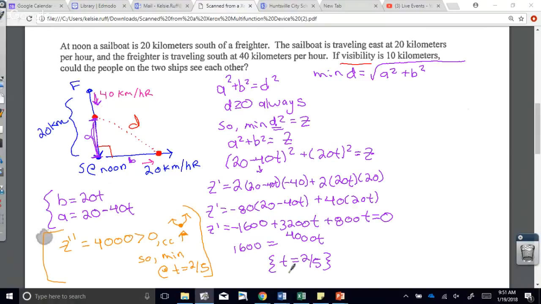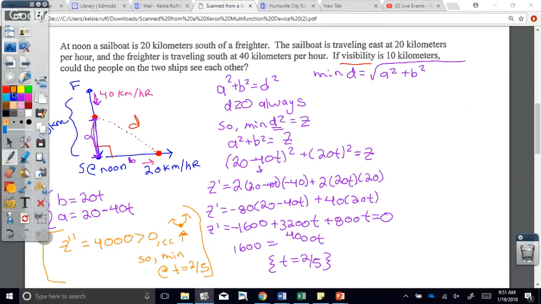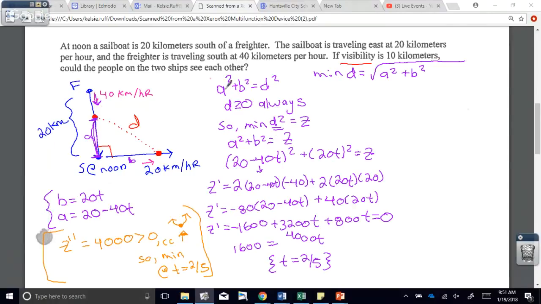Okay. Once we find where it occurs, the final thing that we need to do is see what that value is going to be. So I'm going to say, okay, the minimum distance, we're going to now take the square root. We've got A squared, 20 minus 40 times 2/5, squared, plus B squared, which is 20 times 2/5, squared.